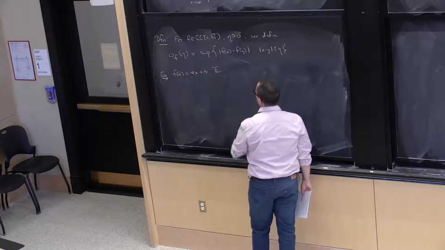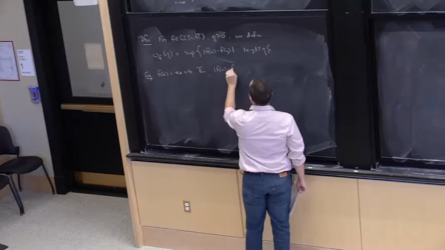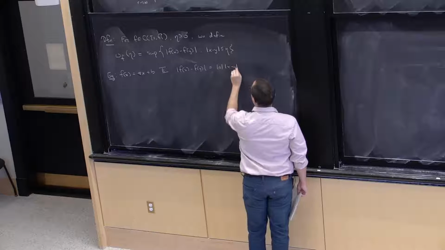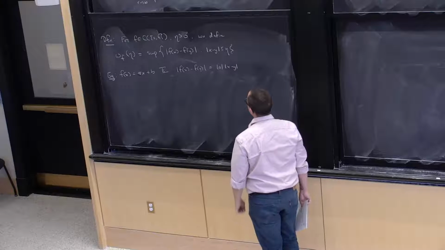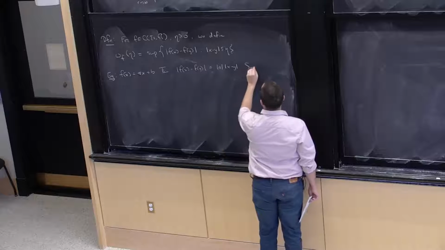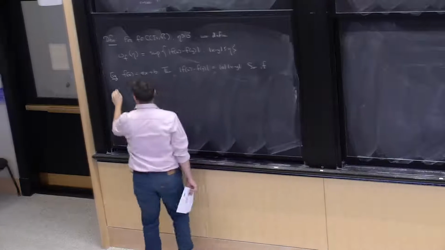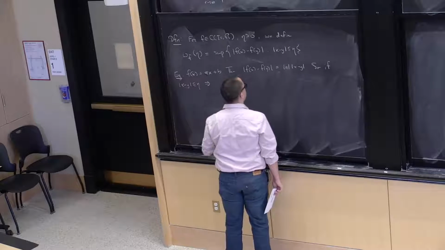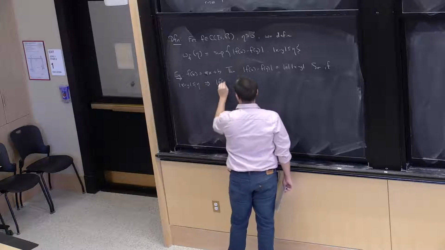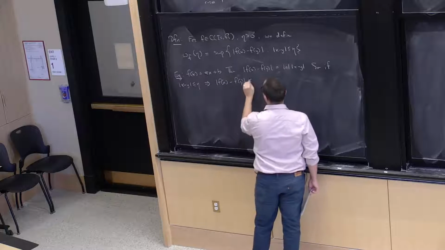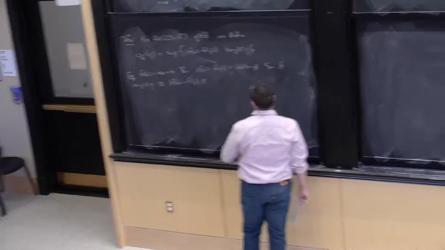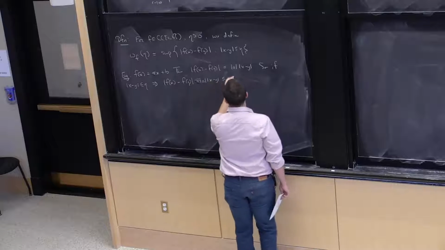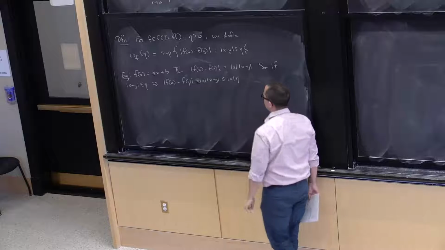Then what do we get? f of x minus f of y is equal to a times x minus y, so if the absolute value of x minus y is less than or equal to eta, we get that the absolute value of f of x minus f of y is equal to the absolute value of a times x minus y, which is less than or equal to the absolute value of a times eta, right?